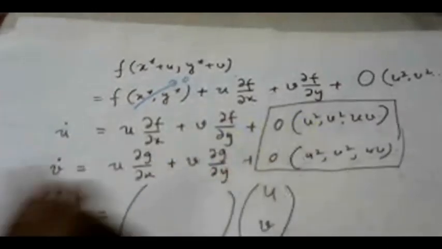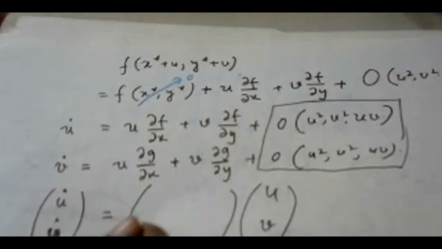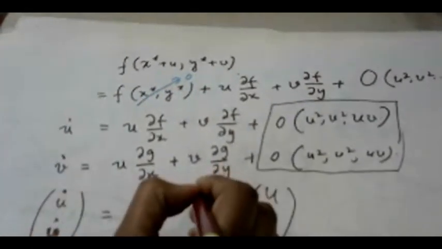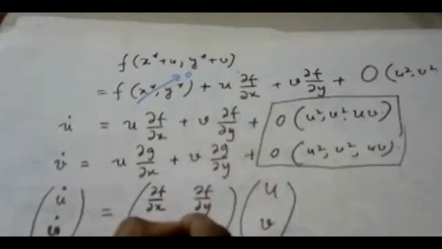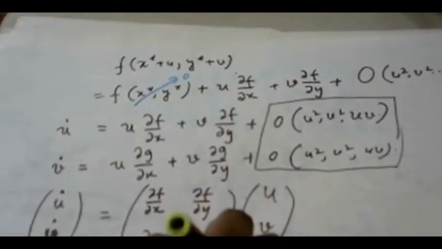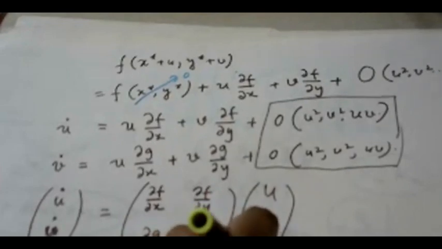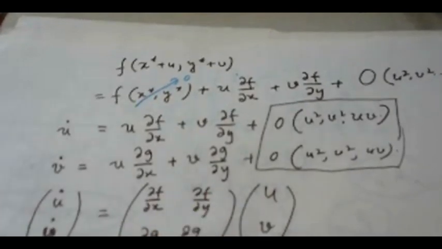And here are the four coefficients. What are these four coefficients? Del f del x at x star y star, del f del y at x star y star, del g del x at x star y star, and del g del y at x star y star. So I am writing x star y star below here.